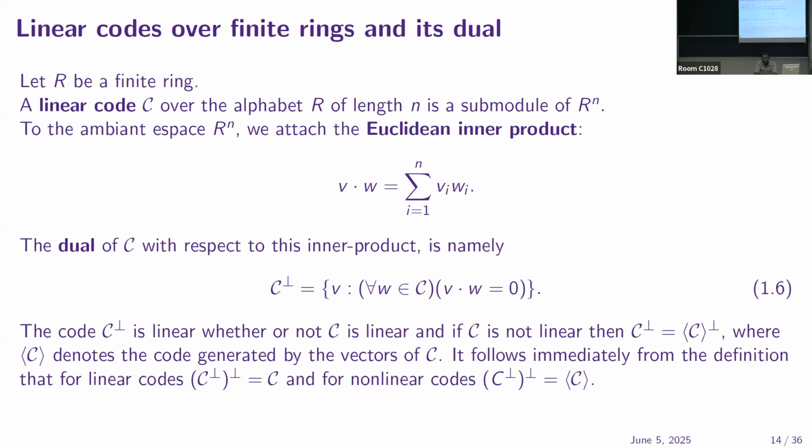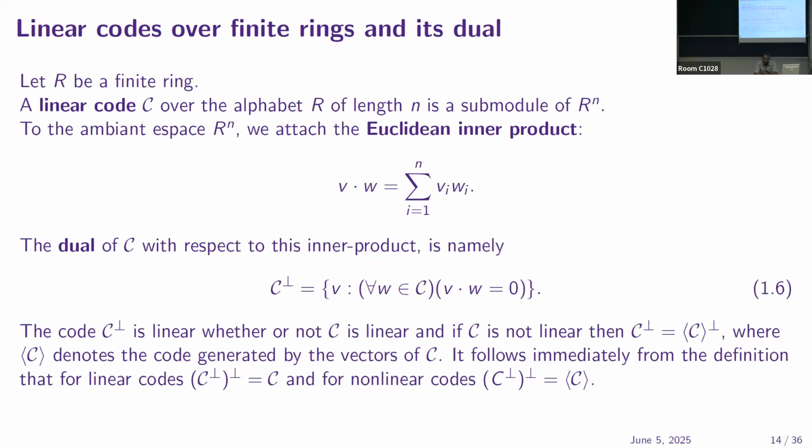Into the ambient space R^n, we attach a Euclidean inner product. The dual of C with respect to this inner product is the set of elements v of R^n such that the Euclidean inner product of v with any code word in C equals 0.